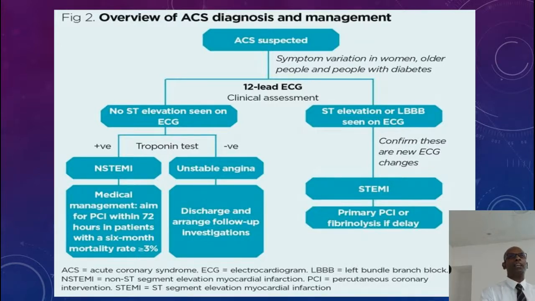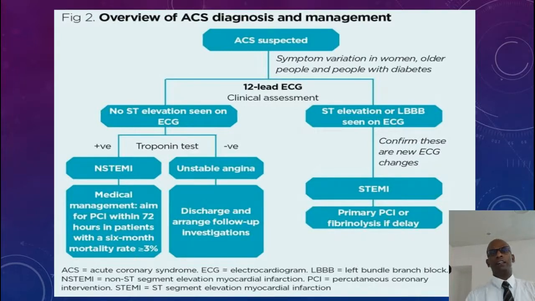For that, we can try medically or with intervention. The medical treatment success rate with streptokinase is only 40%, but with rTPA and other newer drugs it is around 60 to 70%. But in a patient with primary PCI, the success rate is almost more than 99%.